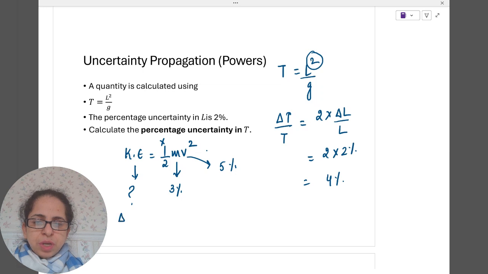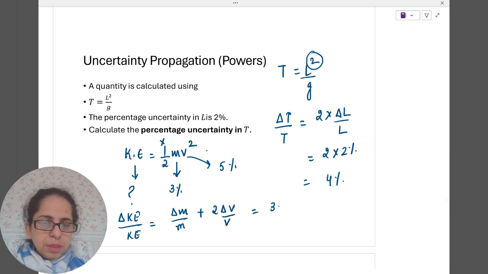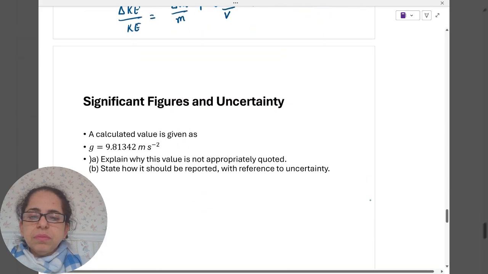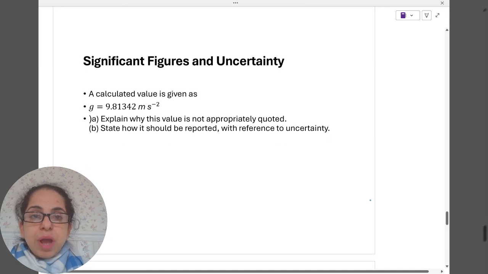So my percentage uncertainty in kinetic energy is the percentage error in mass plus, because mass does not have any power, the power of velocity is 2, so 2 times the percentage error in velocity. This becomes 3% plus 2 times 5%, that is 10, so 13%. Do we get it? The powers always get multiplied when you're calculating the percentage uncertainty. Where does this come from? This comes from differentiation, but we don't need to know that for now.